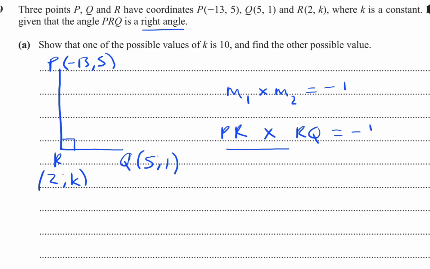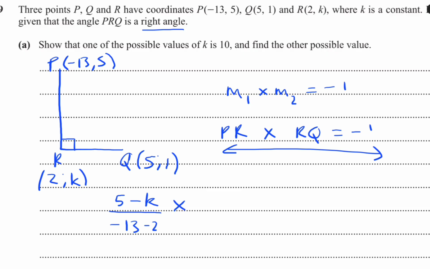So we can use this to try and find K. For the gradient of PR, we say 5 minus K over minus 13 minus 2, y2 minus y1 over x2 minus x1.